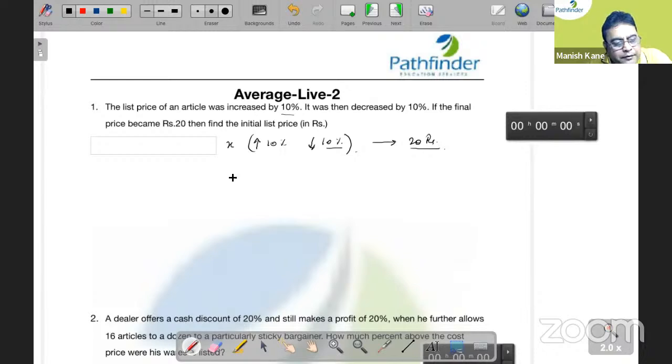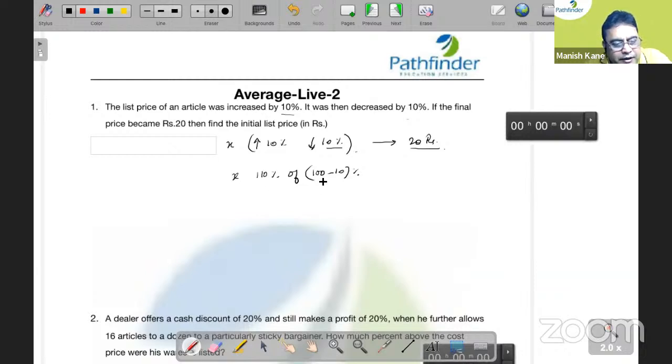So how do you solve it? So when you increase the list price by 10%, it is basically 110%. When you decrease by 10%, it becomes 100 minus 10%.